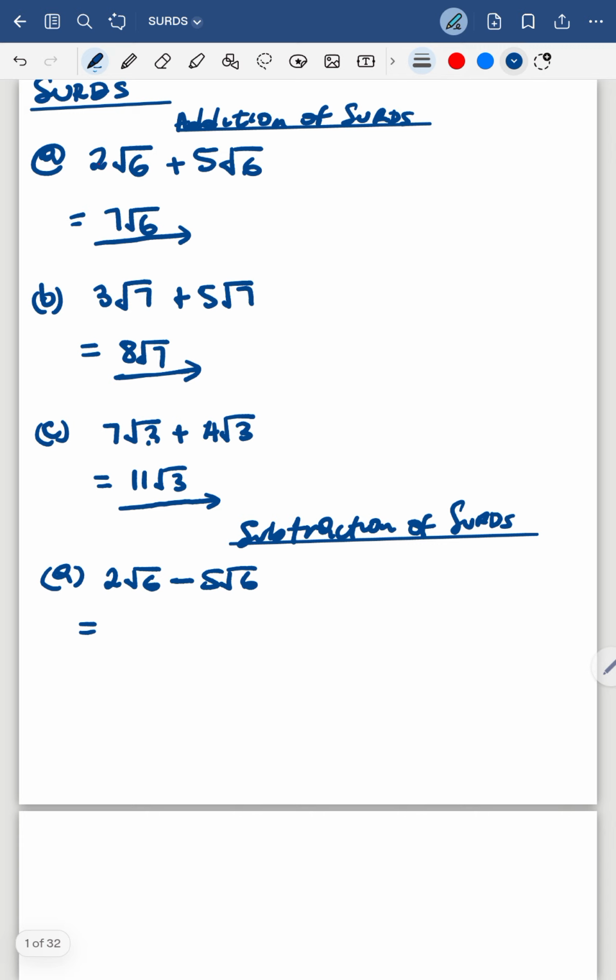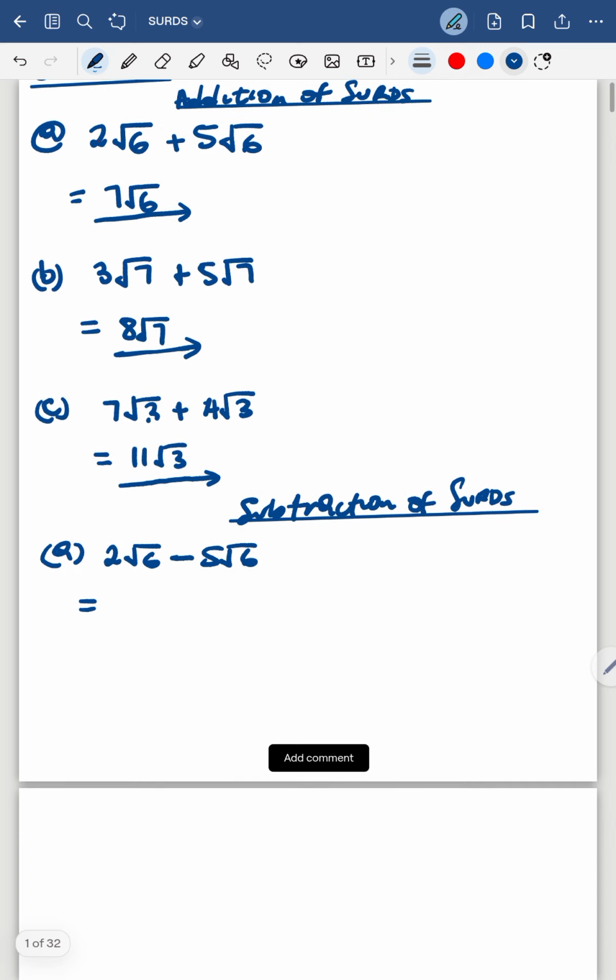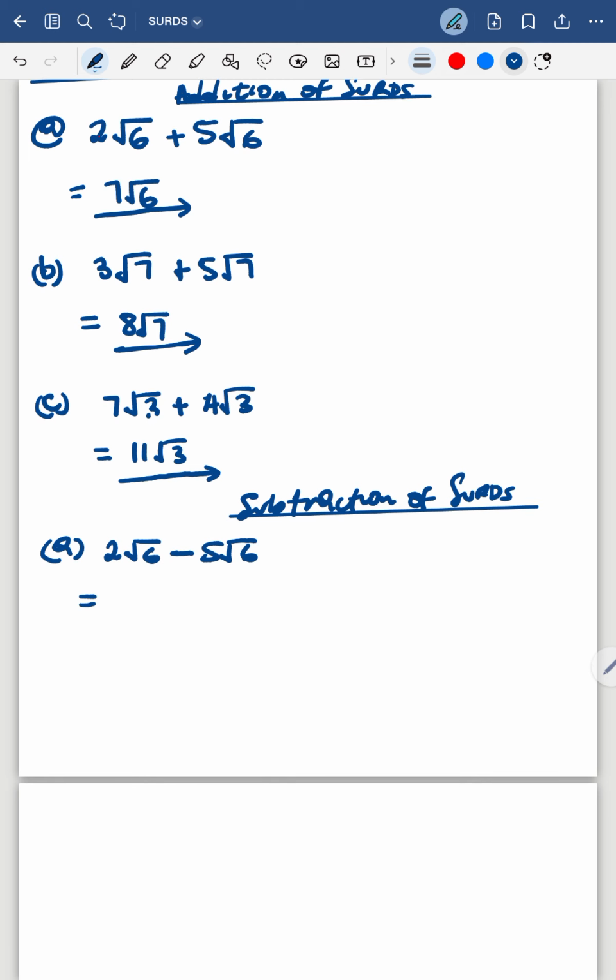To avoid the negative number, let's start with the bigger term. So 5 root 6 minus 2 root 6. 5 minus 2 is equal to 3 root 6. You see, it's the same thing.